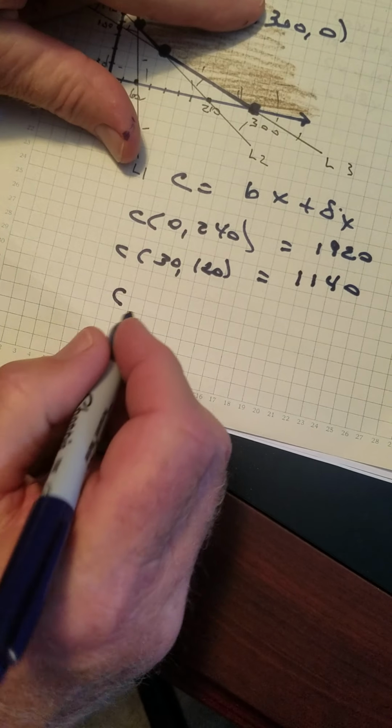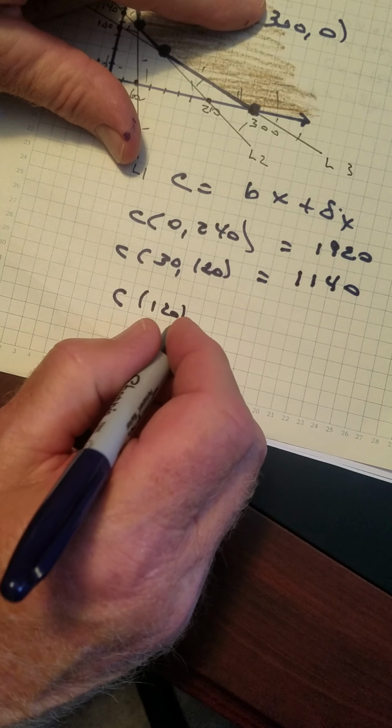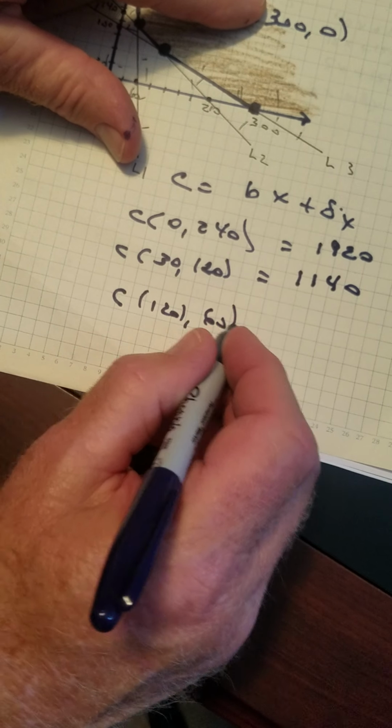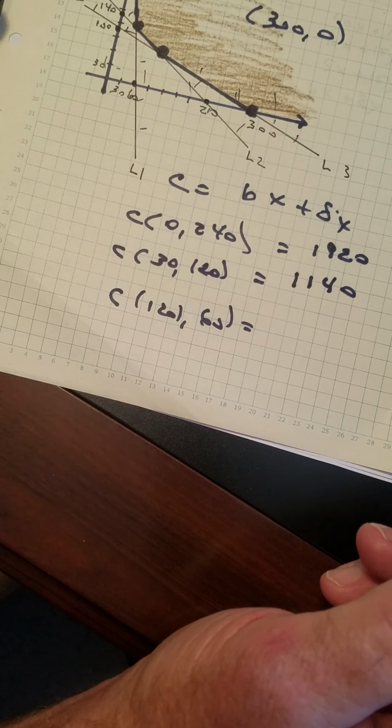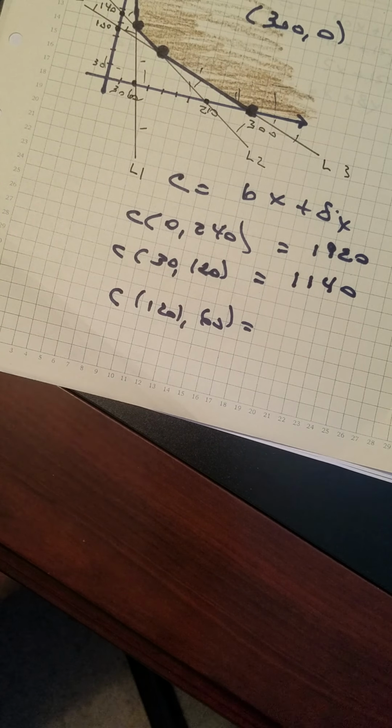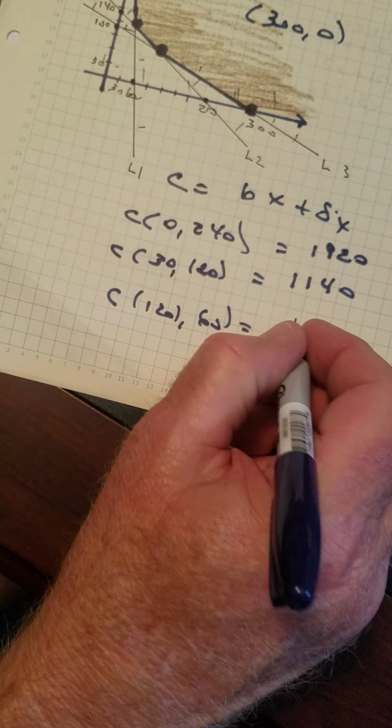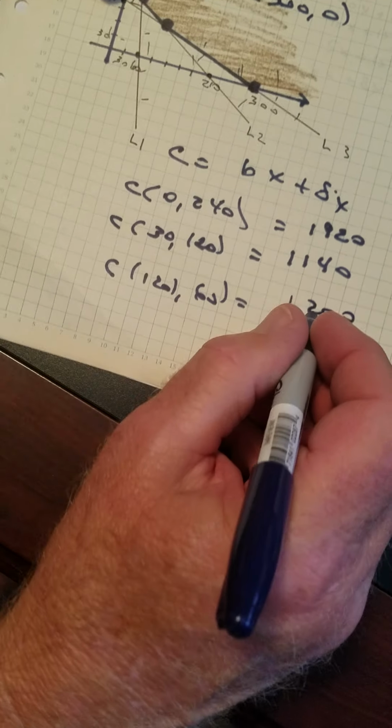Then to find the cost at 120, comma, 60. I'm going to cheat on this one. So I'm going to go 6 times 120 plus 8 times 60, 1,200.